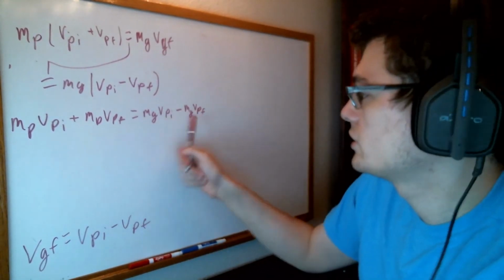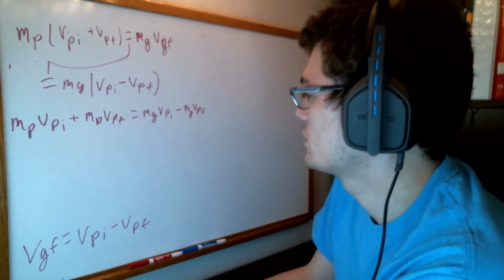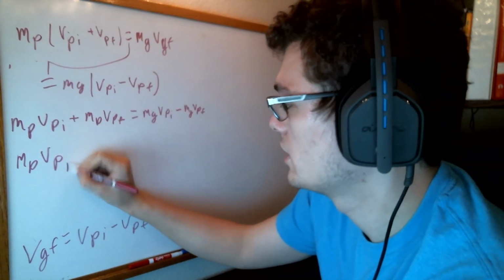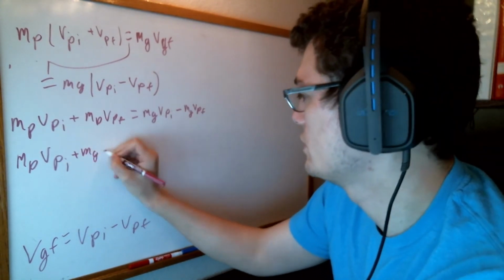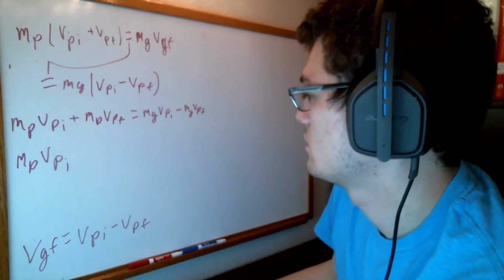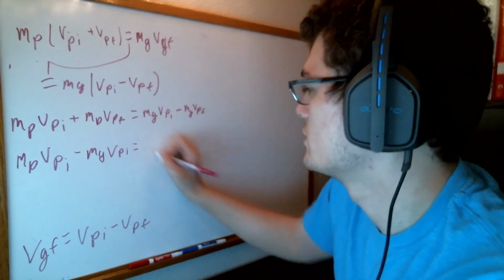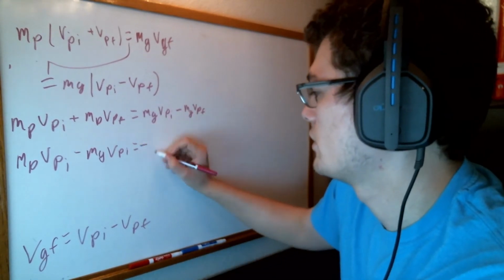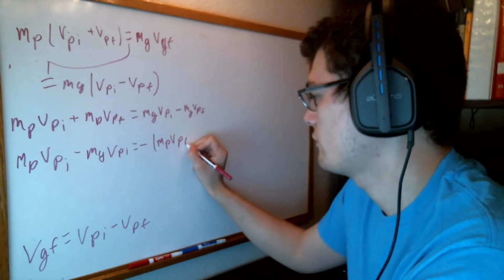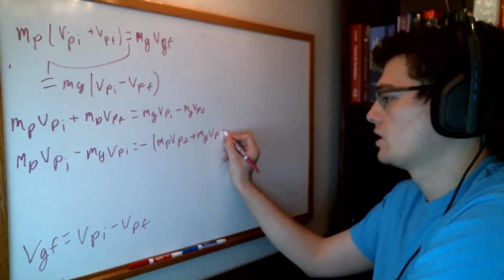So then we're going to collect all of our velocity terms here. So I want to put MP VPI minus MG VPI is going to be equal to the negative MP VPF plus MG VPF.